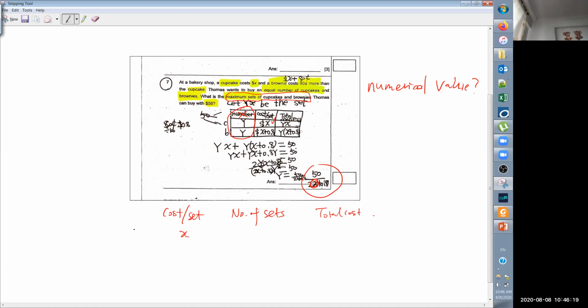This is for the cupcake, and this is for the brownie. And the brownie costs more, right? So this is 80 cents. You can play with cents.